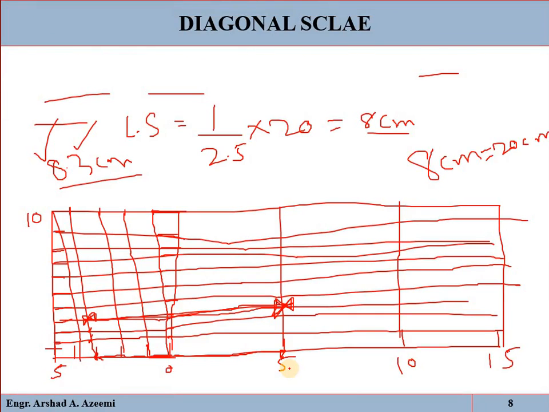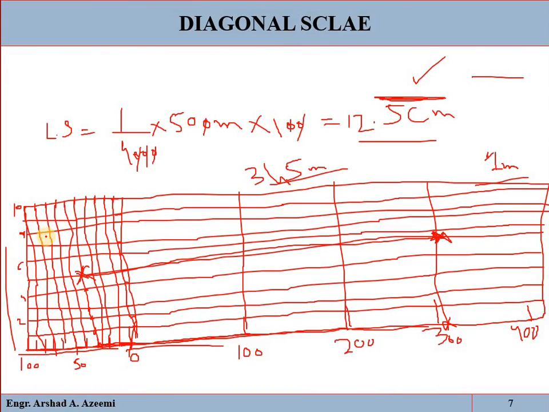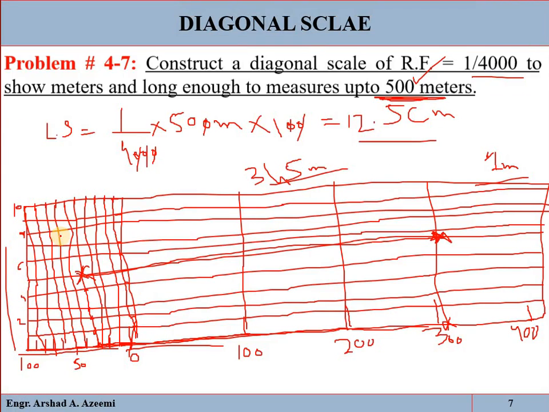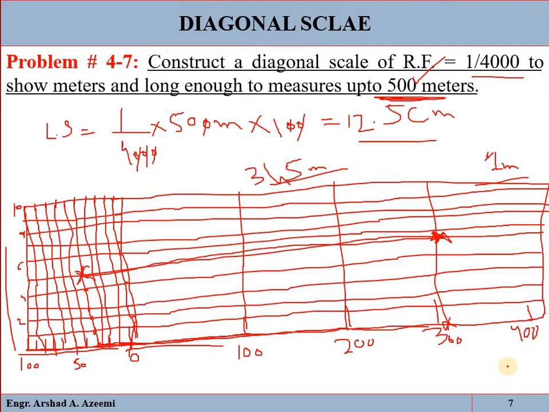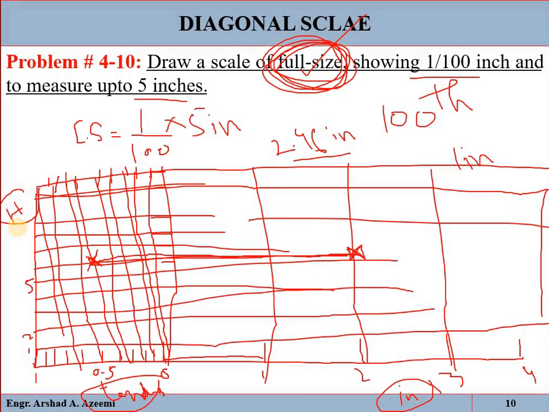Similarly, in the previous example, we have centimeter, centimeter and millimeter. In another one, we have meter, meter and meter. So just remember the convention and standard representation of the scale: you have to represent the higher unit to the right side, then the middle unit to the left side, and the lowest unit in the left top corner.